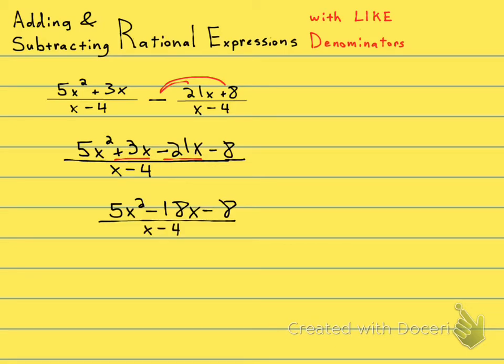Now, we need to factor our numerator. It is a trinomial, and the leading coefficient is not 1. So the way that I explain how to do this is AC method, where we split up the middle term and factor by grouping. Now, I'm going to go on the side and do that.